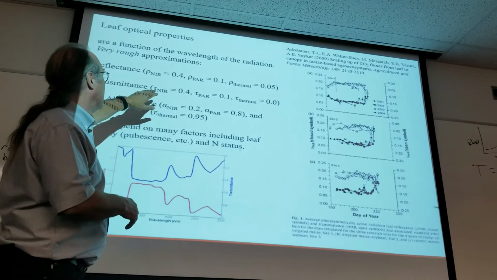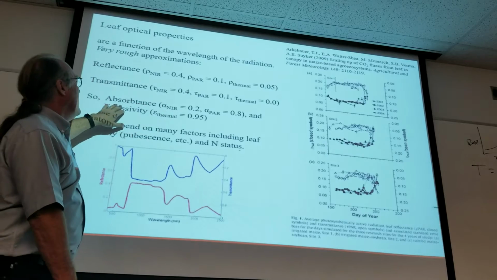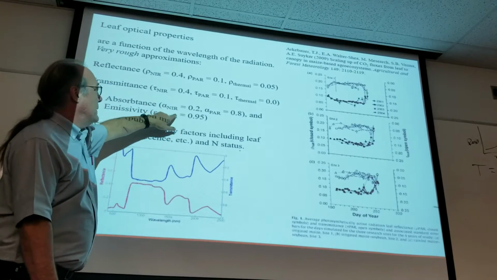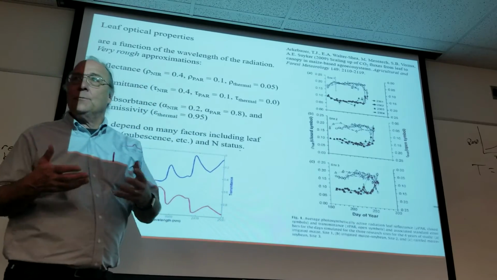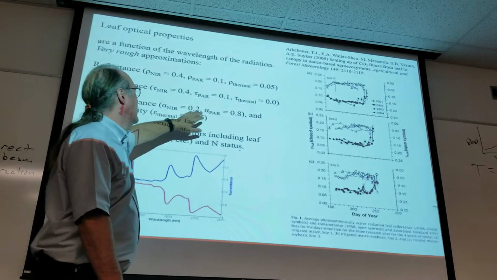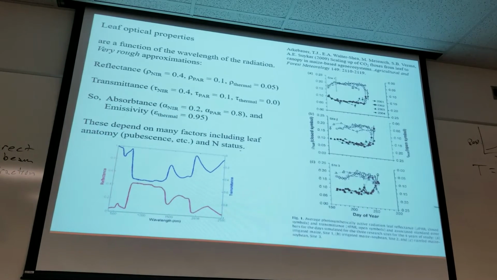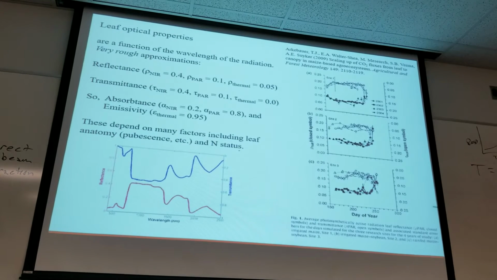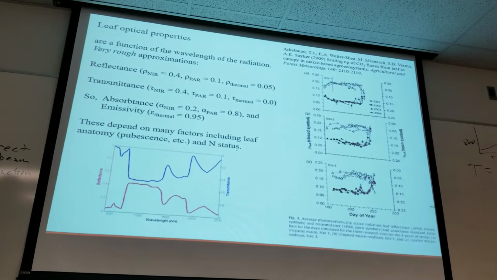Okay, that's the reflectance. The transmittance, you see the numbers about the same. The absorptance in the PAR is 0.8, which would in fact be a low value. These are very rough approximations. But in the NIR, it's 0.2. So most of the near infrared radiation either is reflected from the leaf or transmitted through the leaf. Most of the PAR, the photosynthetically active radiation, is absorbed by the leaf because that's what it uses for photosynthesis.